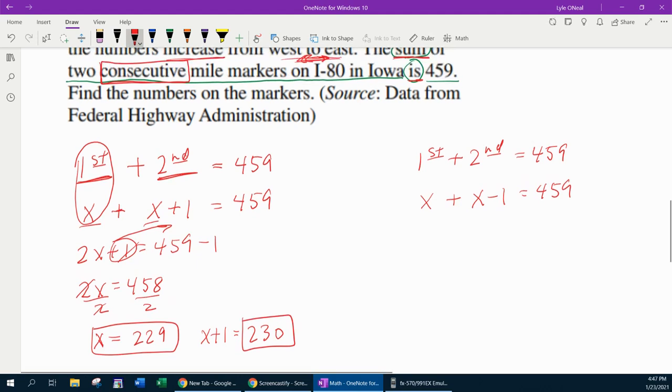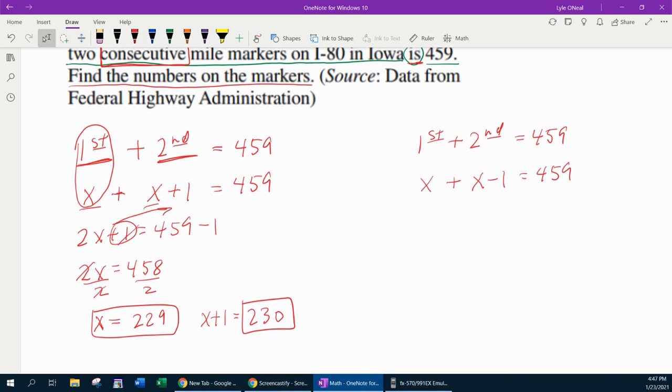And so what does it ask me to find? It says find the numbers on the markers. So if I set it up this way, the numbers on the markers would be 229 and 230. Now let's look at the other one. X plus x is 2x minus 1 equals 459. This time we're bringing the minus 1 over, which makes it a plus 1.